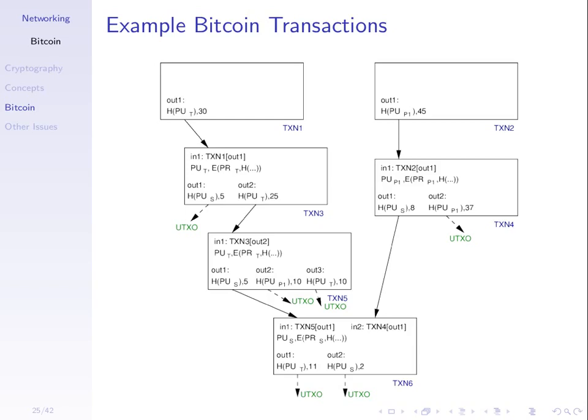But if I tried to create this transaction, if I tried to spend Tanarak's money, I would have encrypted with Steve's private key, PRS. If this was encrypted with PRS, then when someone verifies, they will use Tanarak's public key to decrypt.